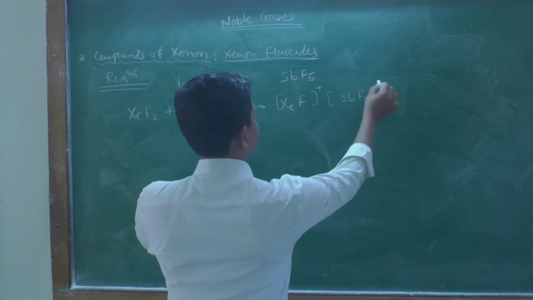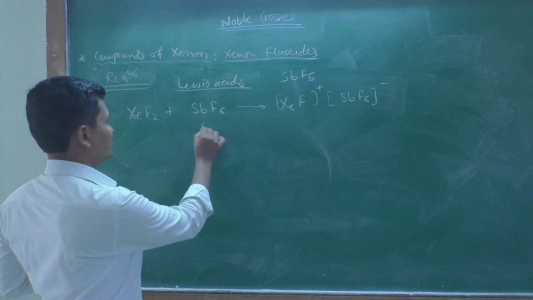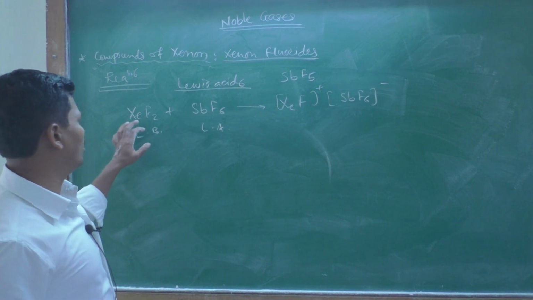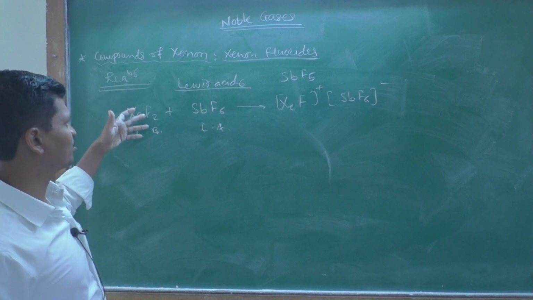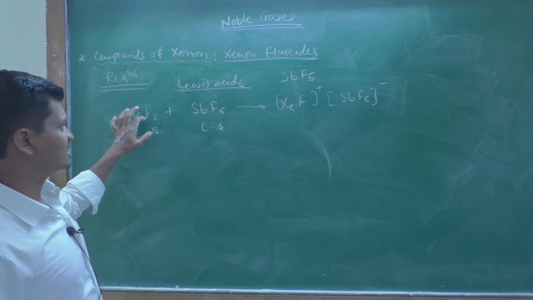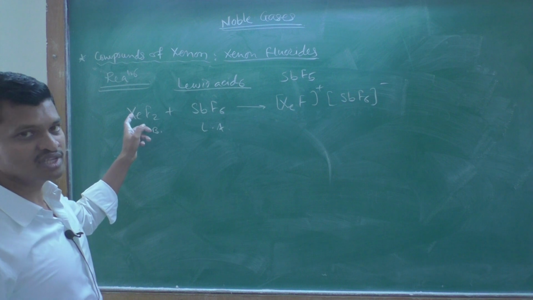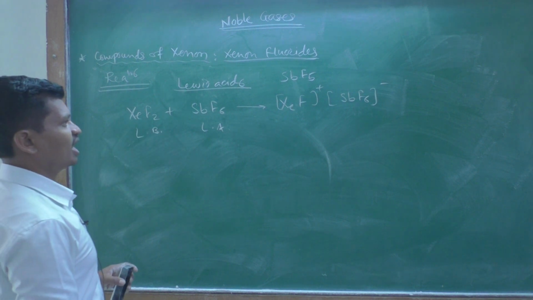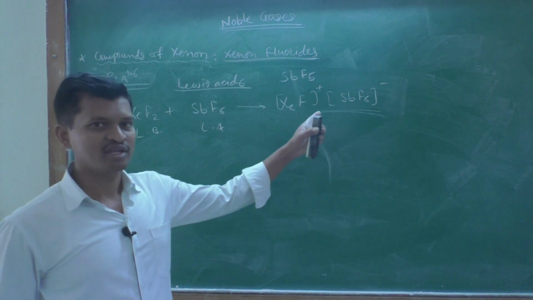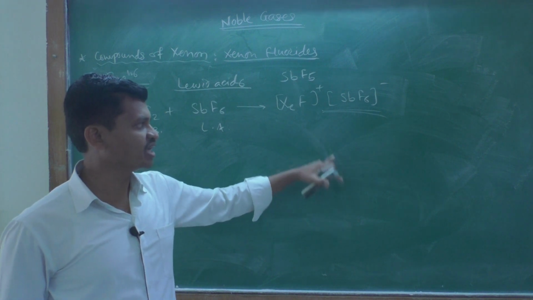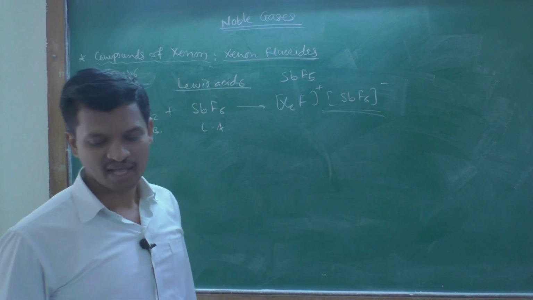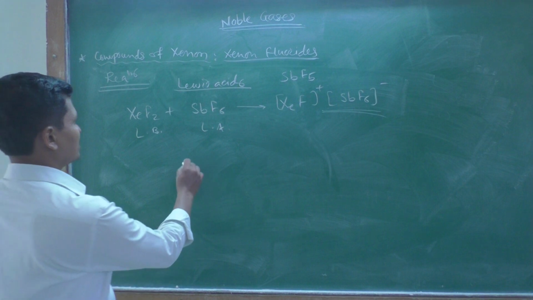So this is a cation and this is an anion. So SbF5 is acting as a Lewis acid, so hence xenon difluoride must be a Lewis base, means it is a fluorine donating agent. It is giving the fluorine from the xenon difluoride. And this SbF6 minus can be recovered or observed in such types of complex cations and anion species.